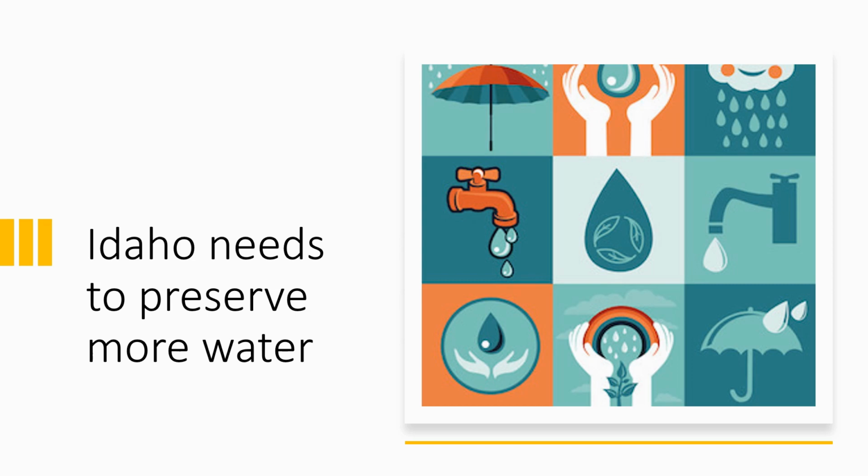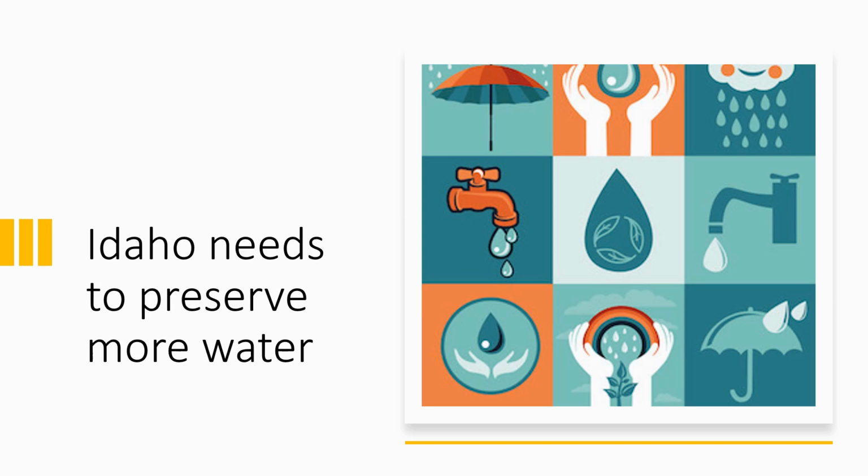Green grass probably makes no sense in eastern Idaho because we're pouring a lot of water on something that isn't naturally here. If we're going to pour water on something that isn't natural to our environment, let's make it potatoes. This is the kind of thing that I would start with to make my case for this proposition that Idaho needs to preserve more water.